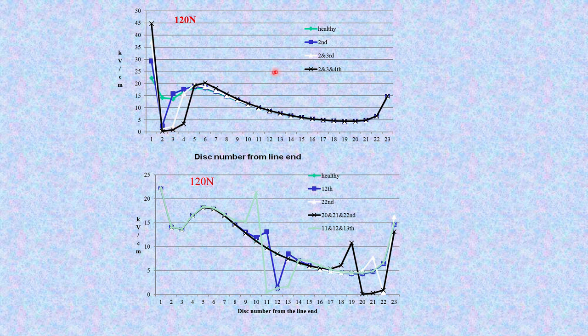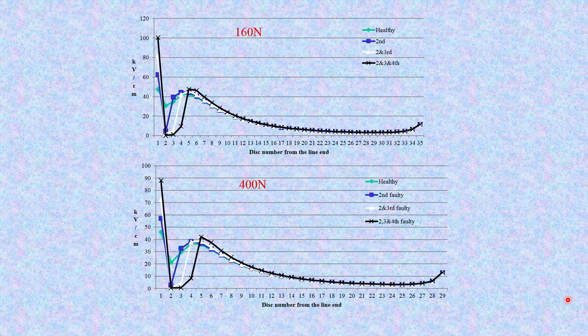Similarly, if there are faults at other insulator discs at different locations, the potential gets modified at that particular location, and the adjacent disc sees higher stress or a higher voltage distribution. So, faults have been intentionally created at various locations and the change in distribution pattern has been presented here.